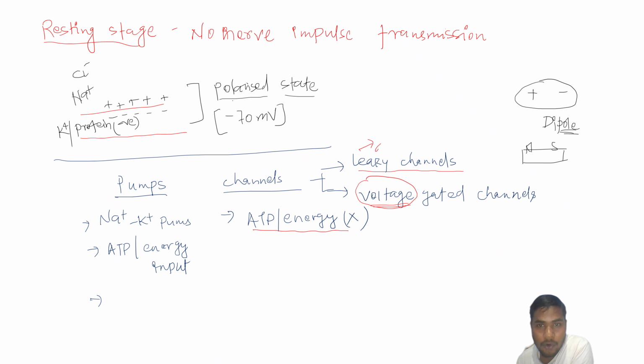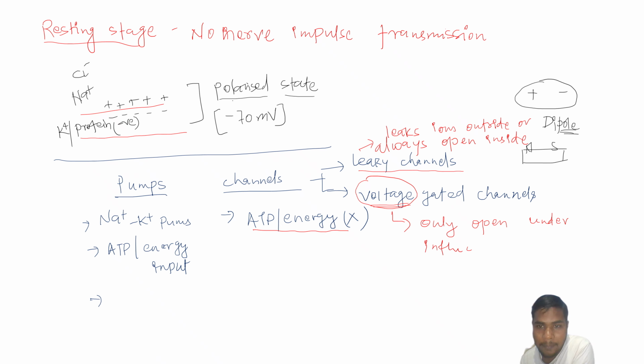So leaky channels are always open and leak ions either outside or inside. But voltage gated channels only open under the influence of a change in membrane potential.